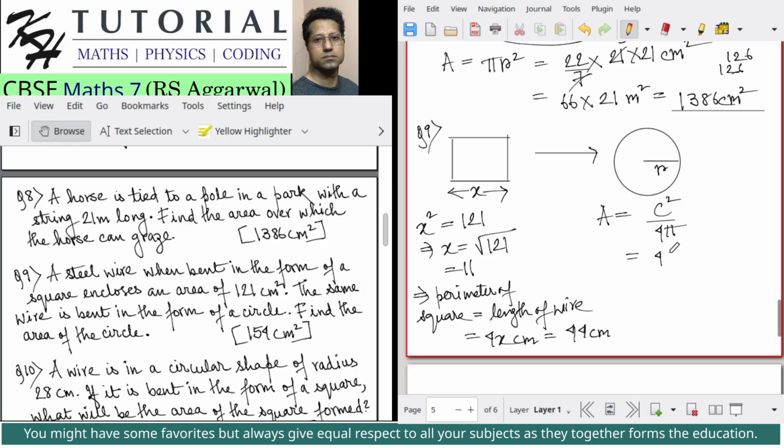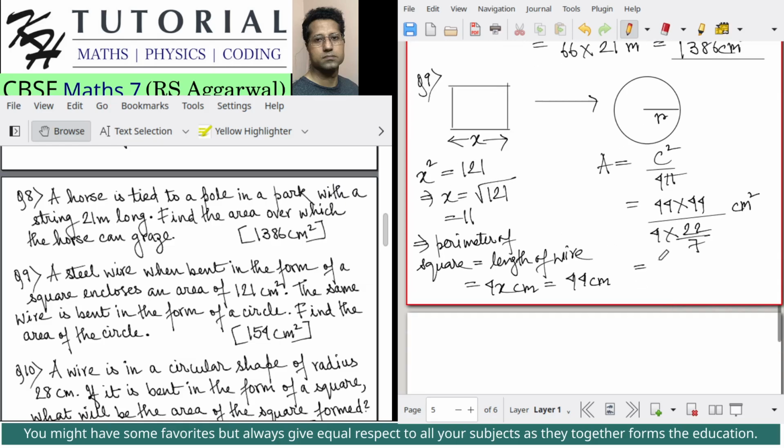So this will be 44 multiplied by 44 divided by 4 multiplied by 22 by 7, this much centimeter square. This is equal to 44 multiplied by 44 multiplied by 7 divided by 4 multiplied by 22.